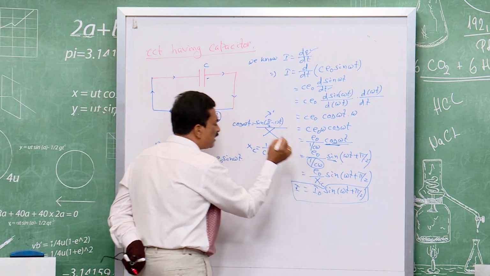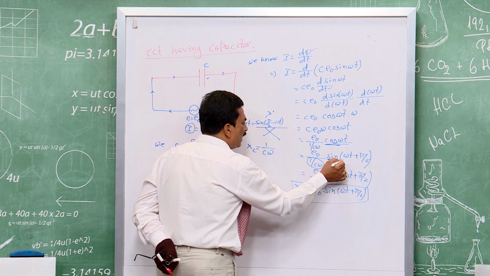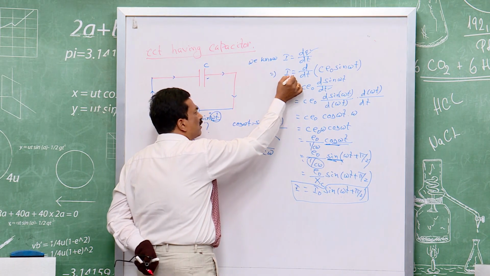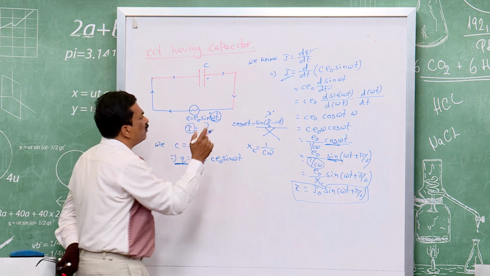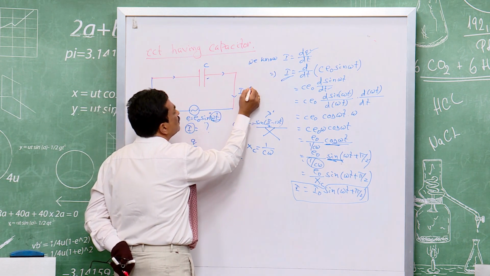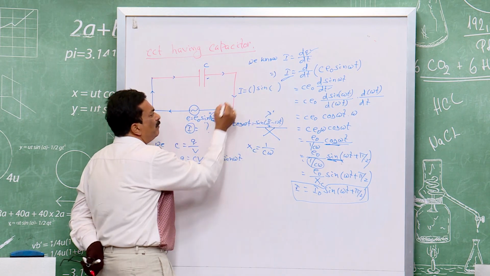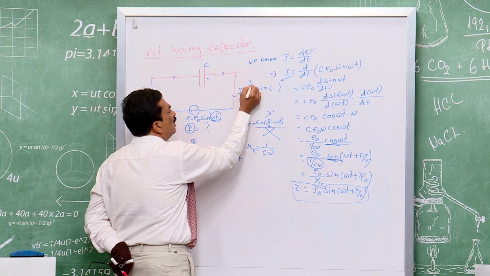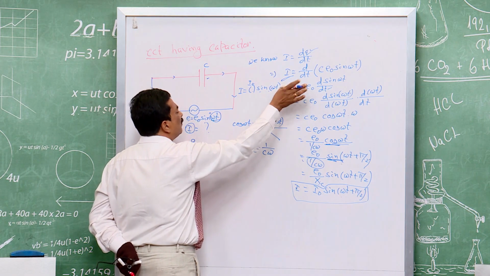Sir, why is this taken as Xc? You see, though it came in the form of sin, it is nothing but for the current I. When the current I is flowing, we know that I is always some sin of something, meaning I is equal to I0 sin(omega t plus phi), whatever it may be.